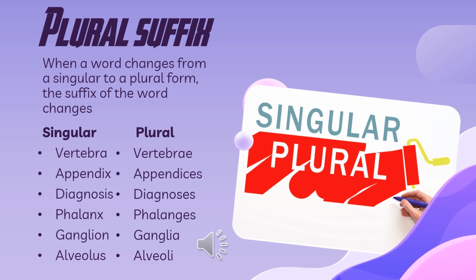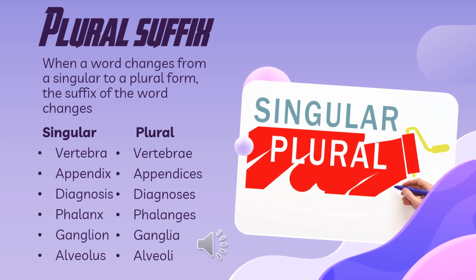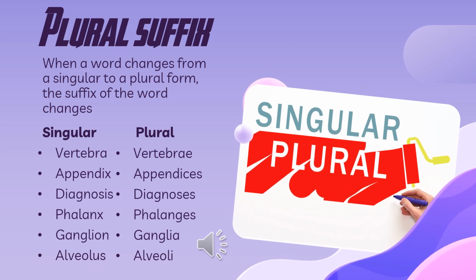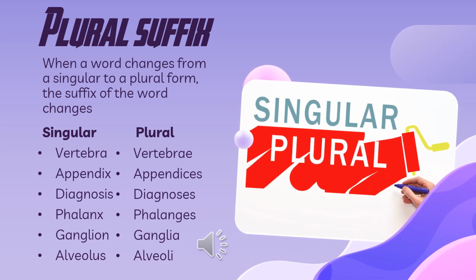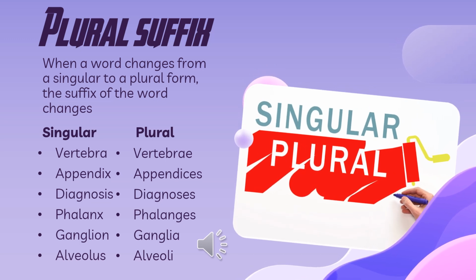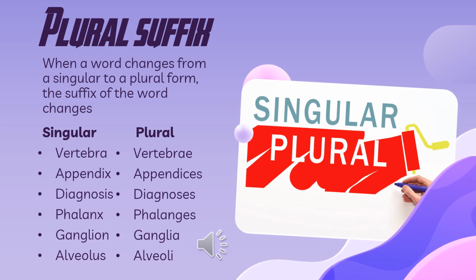For example, vertebra changes to vertebrae. And if the singular term ends in the suffix ix or ex, the plural is usually formed by changing the ending to ices. For example, appendix changes to appendices.